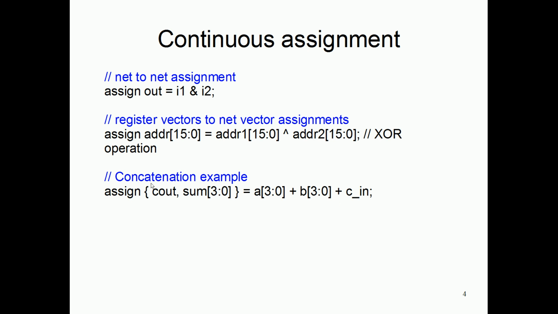We'll see carry in and carry out when we study the addition operation, but it's the same concept. Two 4-bit variables are added with a carry in, and whatever comes out we assign to a 5-bit quantity, composed of cout as the most significant bit and the sum, which is a 4-bit vector net.